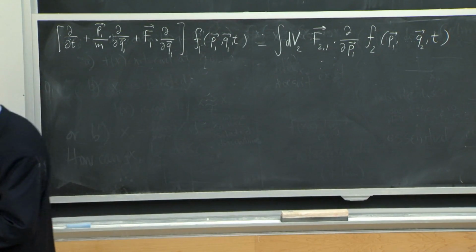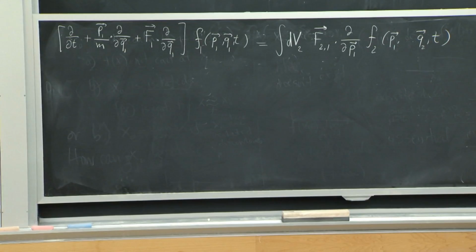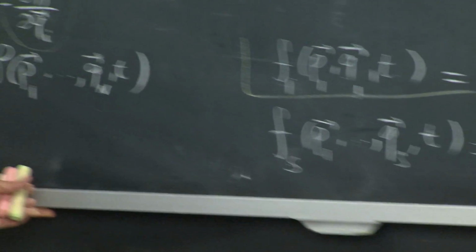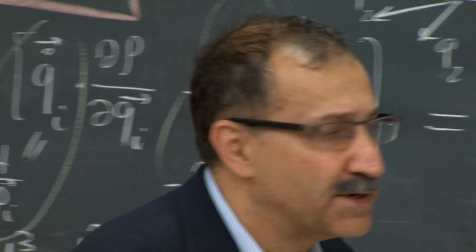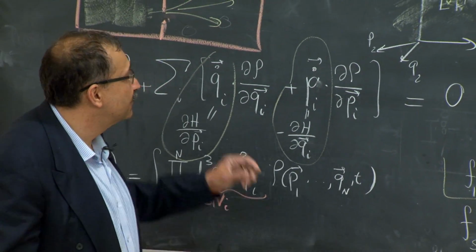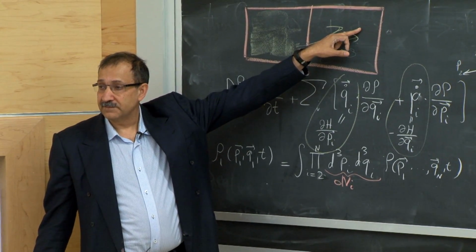Well, this is unfortunate. I have to worry about dependence on F2, but maybe I can get away with things by estimating order of magnitudes of the various terms. What is the left-hand side set of operations? The left-hand side set of operations describes essentially one particle moving by itself.